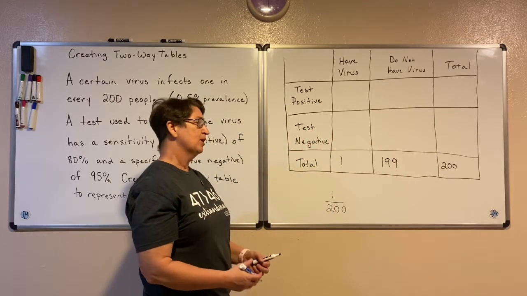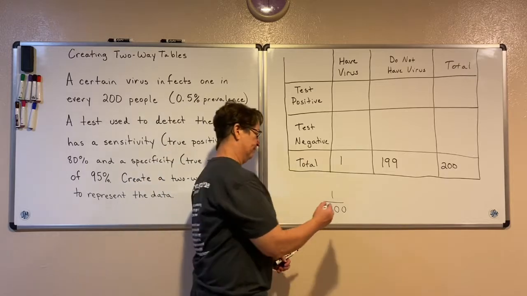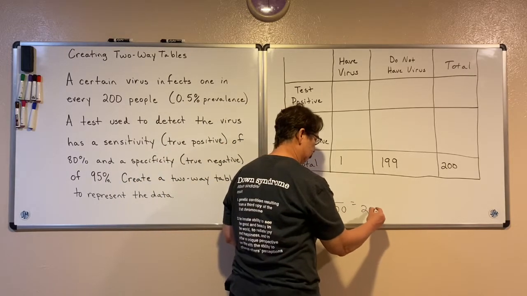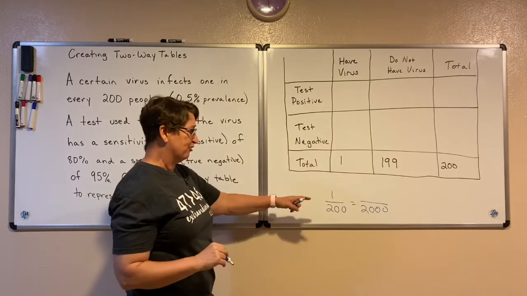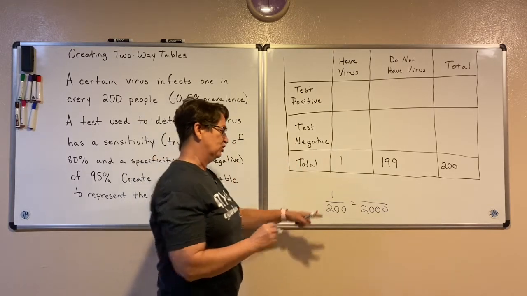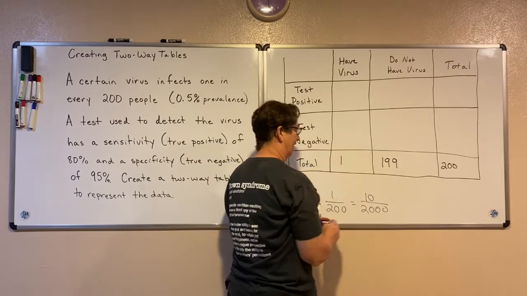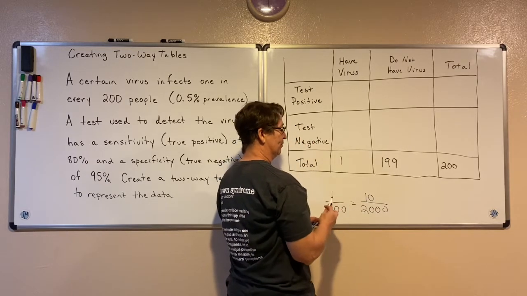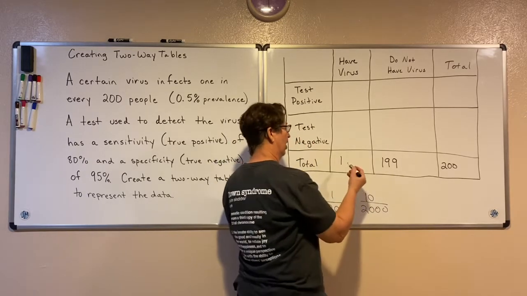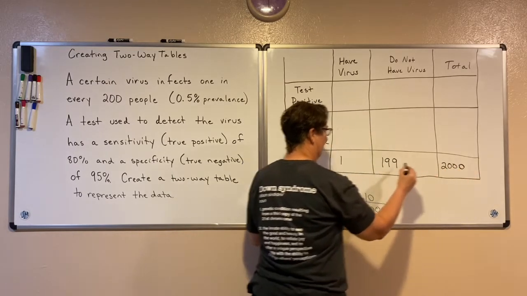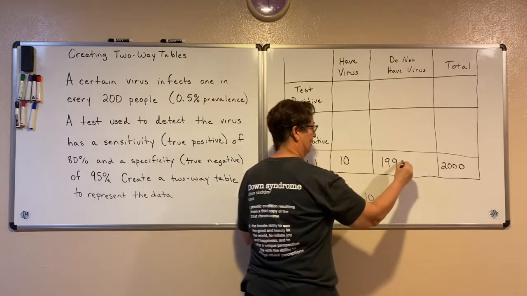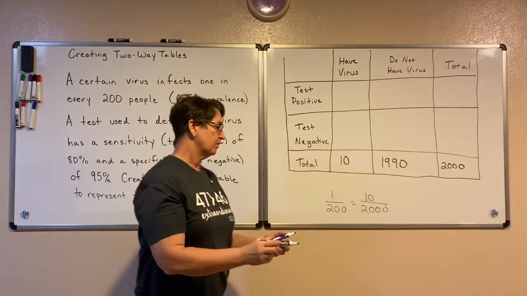But maybe my population is larger than that. Maybe my population is 2,000 people. Well, if 2,000 people are in my population, then 10 people would have the disease, and that would mean 1,990 would not. Notice that all I have to do there, if I add a 0 there, I'm adding a 0 there, and I'm adding a 0 there.